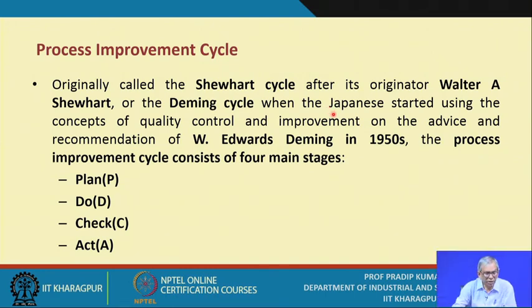When the Japanese started using the concepts of quality control and improvement on the advice and recommendation of W. Edwards Deming in 1950s, they started looking at their process through this improvement cycle.